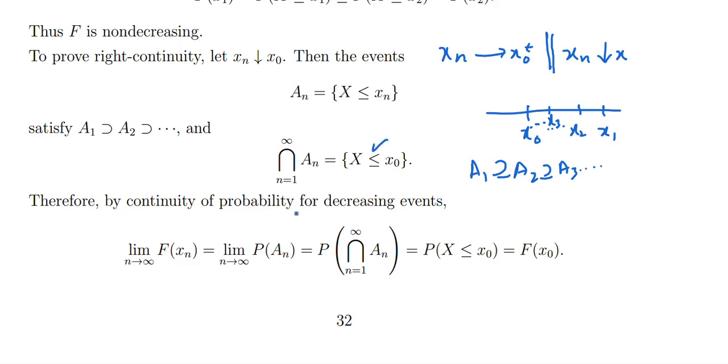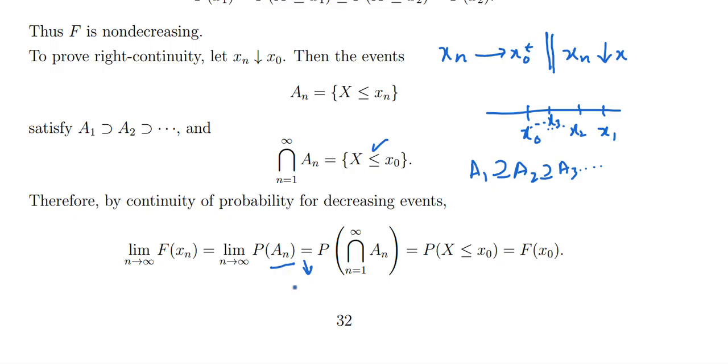Therefore, by continuity of the probability for decreasing events, the limit as n approaches infinity of F(x_n), which by definition is the limit of the probability of A_n, equals the probability of the intersection of the A_n. This comes from continuity of the probability.